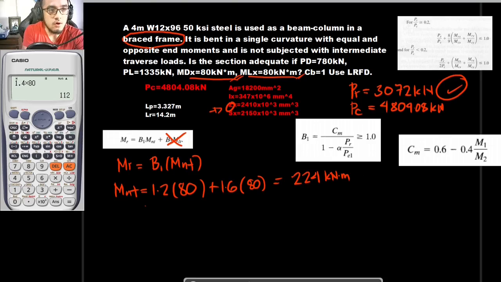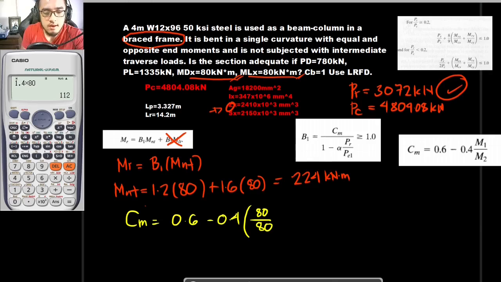So, for the value of Cm, that is to be 0.6 minus 0.4 times M1 over M2. And our M1 over M2 is equal to 80 and 80. But it is said here that it is bent in a single curvature, so meaning this is to be a negative curvature.